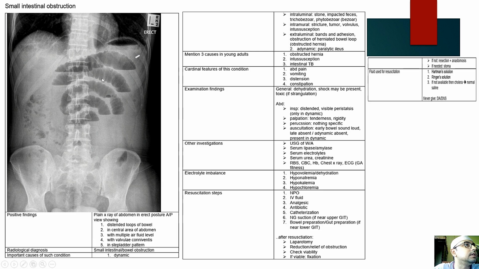Here you can see the whitish lines in between the air sac, ray-like longitudinal whitish lines. These are the valvulae conniventes, and we can see this pattern is like a step ladder pattern.